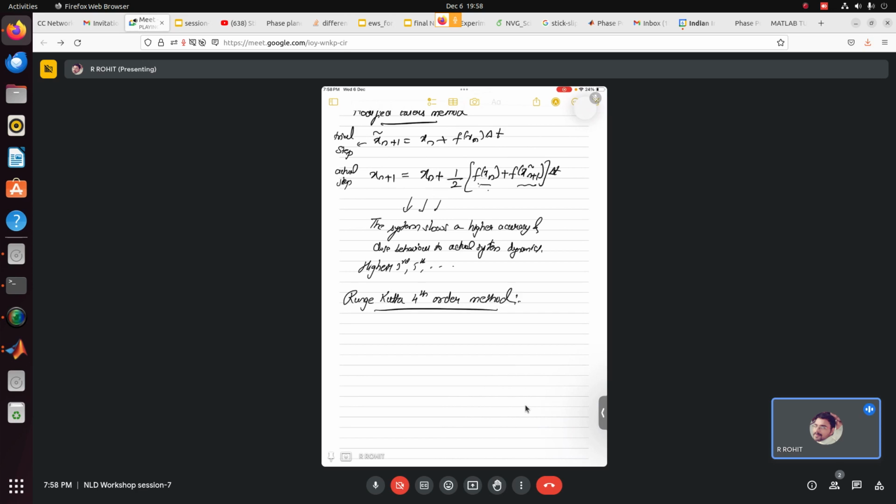In the Runge-Kutta fourth order method, I will explain how this works. We need to find 4 parameters, called K1, K2, K3 and K4. We are considering the equation x dot is equal to f of x.